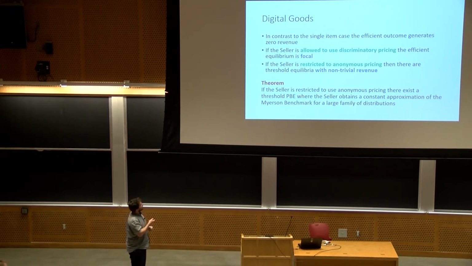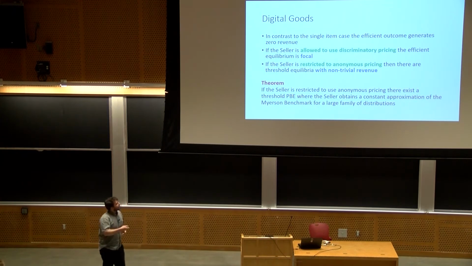What happens here is something extremely interesting. If the seller is allowed to use discriminatory pricing, then we can prove that the unique equilibrium is going to be the efficient outcome, and the revenue generated is going to be trivial.